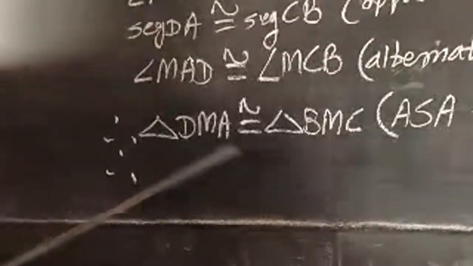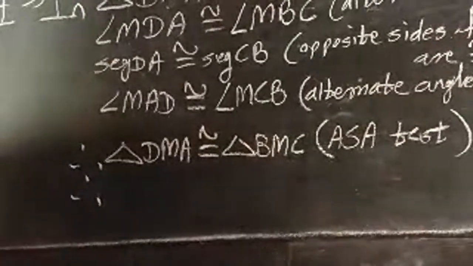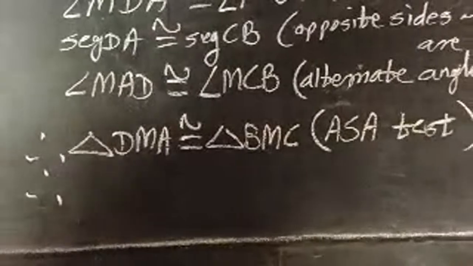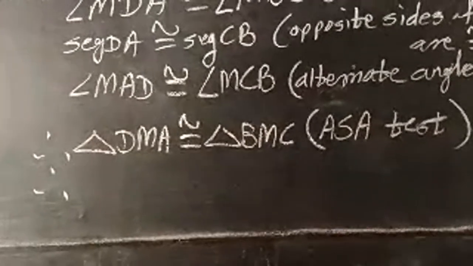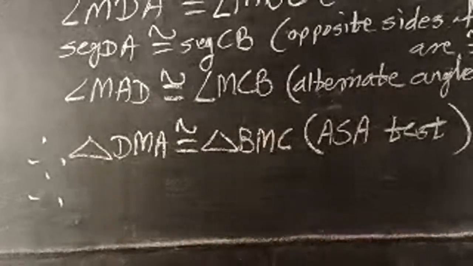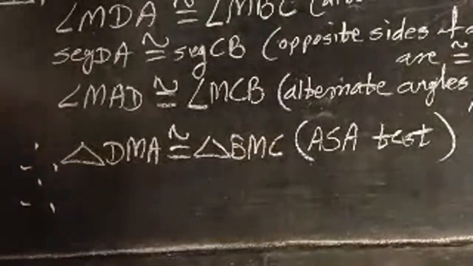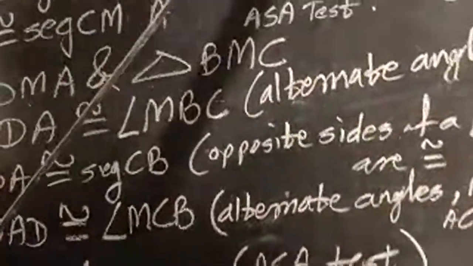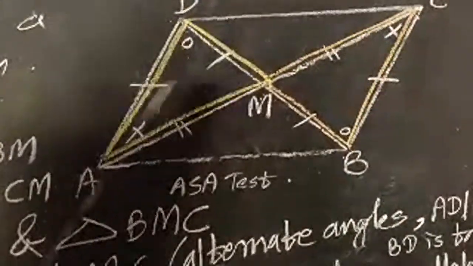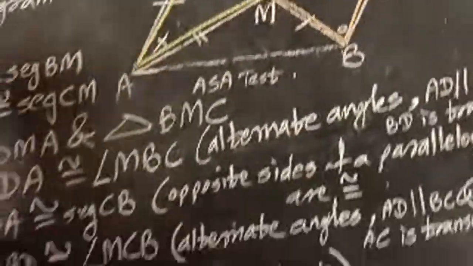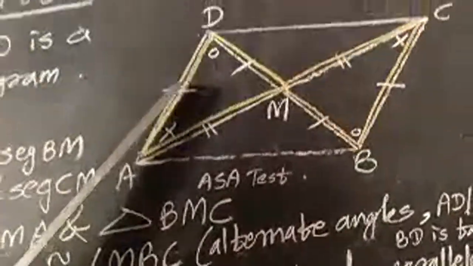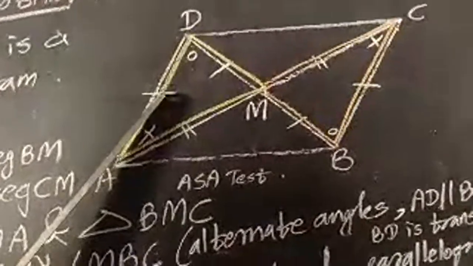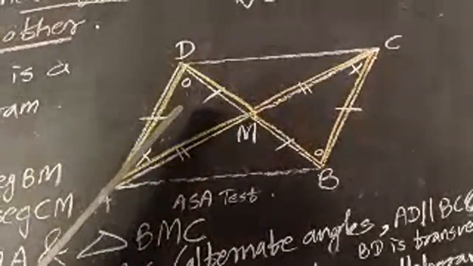Therefore, if two triangles are congruent, then we can say that, good, corresponding sides are congruent. Which corresponding sides? Only one side we write in the test. Is it correct? Then two sides are remaining. This side we already wrote. Which are the two sides remaining?